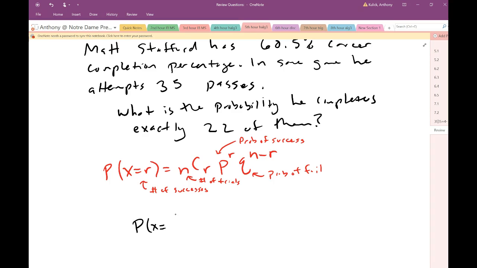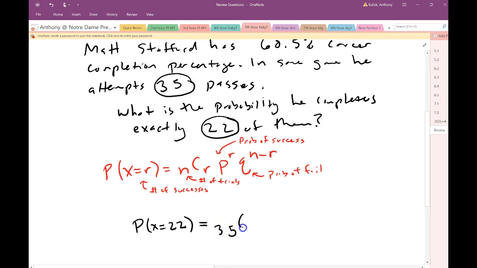For Matt Stafford's situation, R, the number of successes, is 22 completions, right? The number of trials is 35. The probability of success is 60.5%, but we've got to make it a decimal.